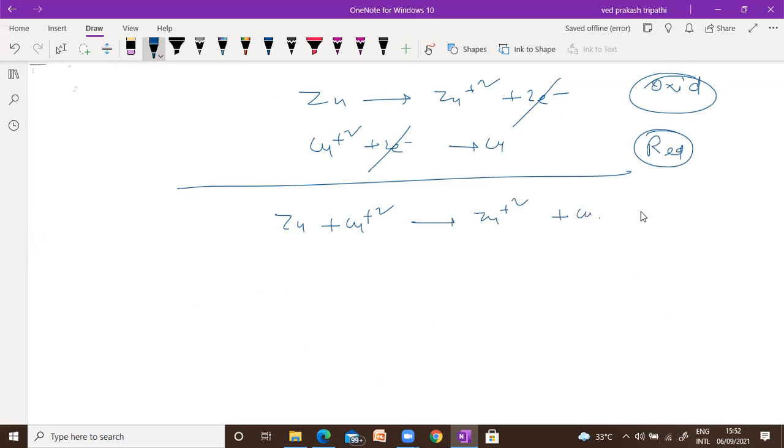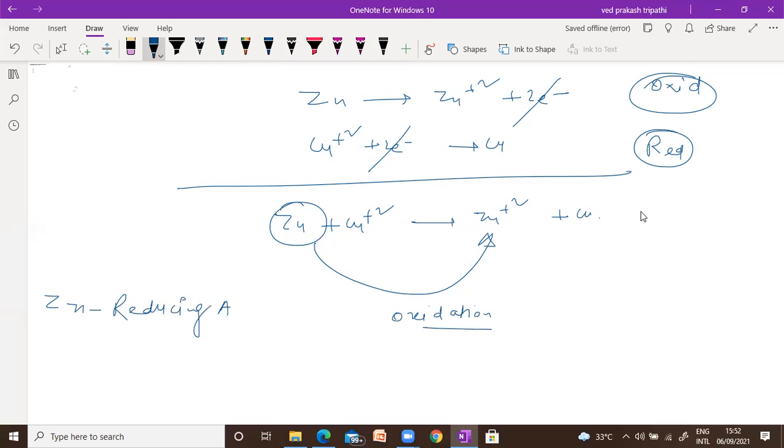You can see here zinc converted into zinc plus 2, it means oxidation. So here zinc is a reducing agent. Similarly, copper plus 2 is converted into copper by gaining 2 electrons. It means this is reduction. So we can say copper plus 2 will behave as an oxidizing agent.